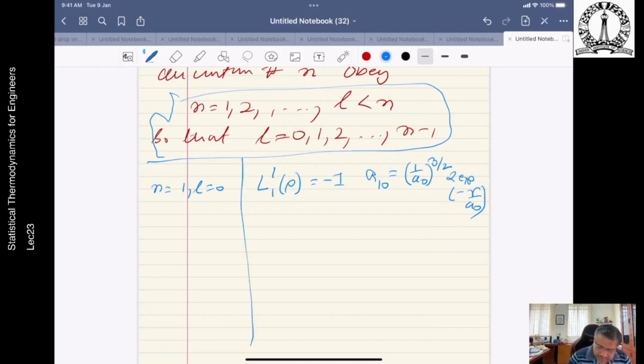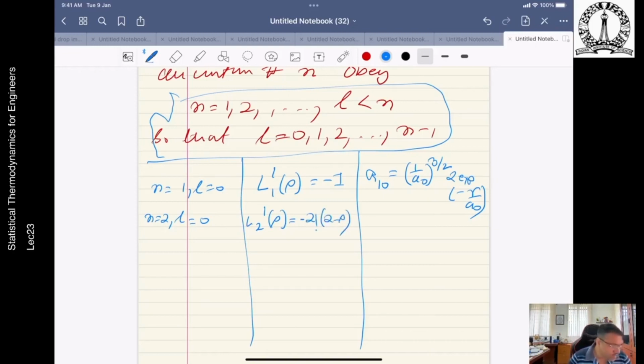So if we make a table like this, then n equal to 2, L equal to 0, L 2, 1 of rho equal to minus 2 factorial times 2 minus rho.